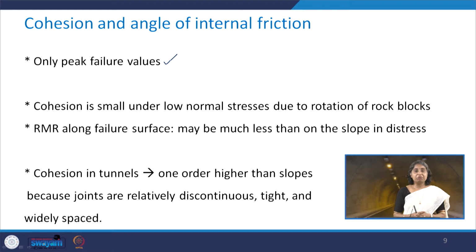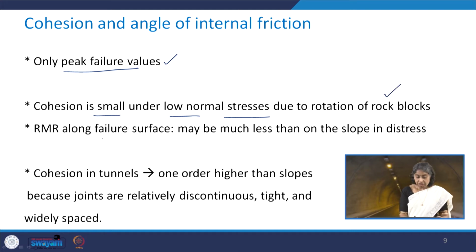You need to keep in mind that here we are talking in terms of only peak failure values and not the residual ones. You all know that when we go for the shear strength test, we have one point as the peak failure, another point as the residual one. So here we are talking with reference to peak failure values. Cohesion is small under low normal stresses due to the rotation of rock blocks.